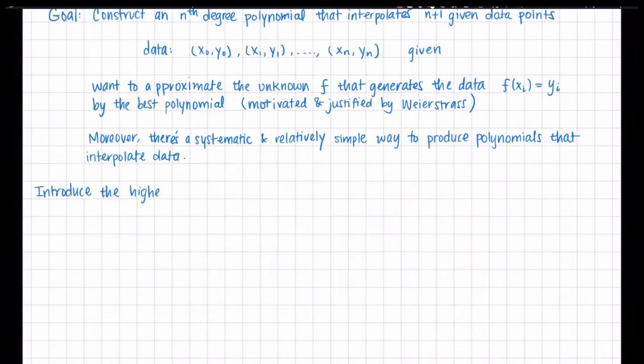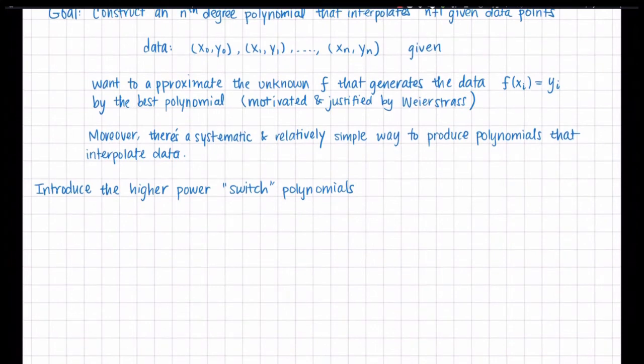Interpolating between two data points produced first degree switch polynomials, or intermediate polynomials. But when there's more than two data points, there's a pattern to how we produce these, and they have a couple of indices involved. They're intermediate polynomials, so they're not quite the Lagrange interpolating polynomials, and they have a couple of indices.